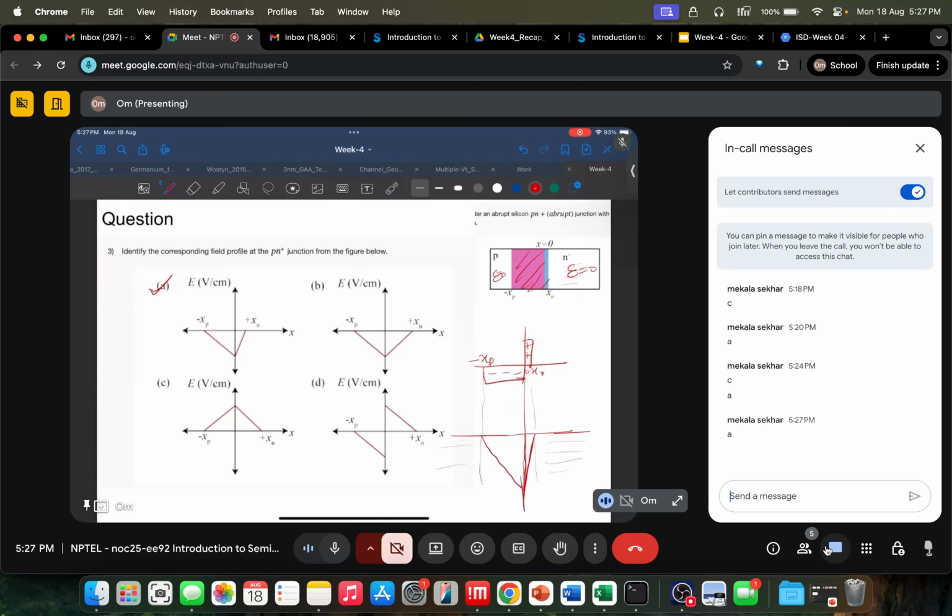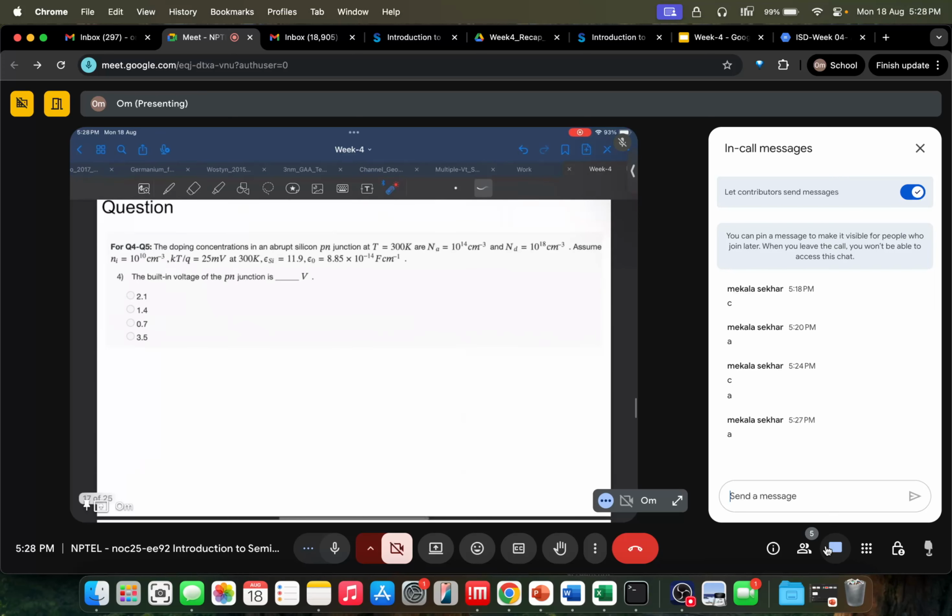This is how electric field will look. And this is negative because electric field is from positive to negative charges, and this is opposite to the direction of x. That's why it is negative. Right, next question.